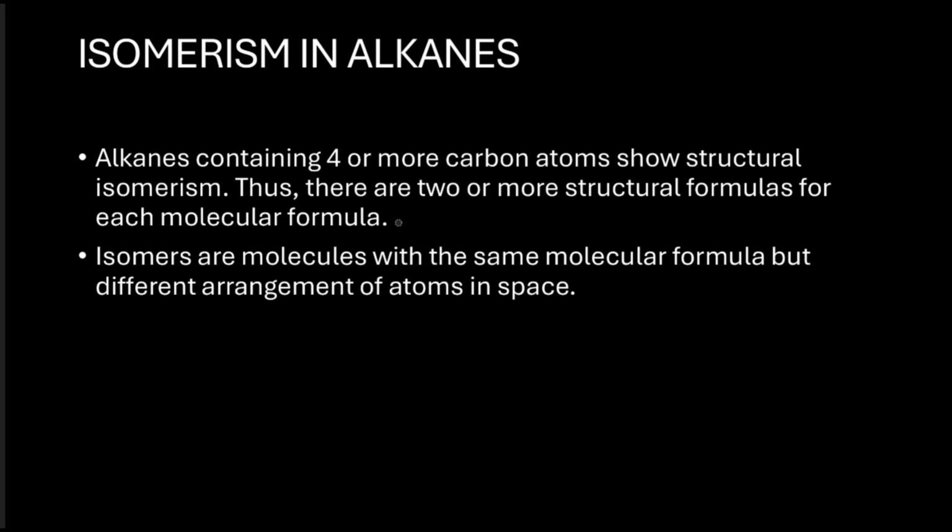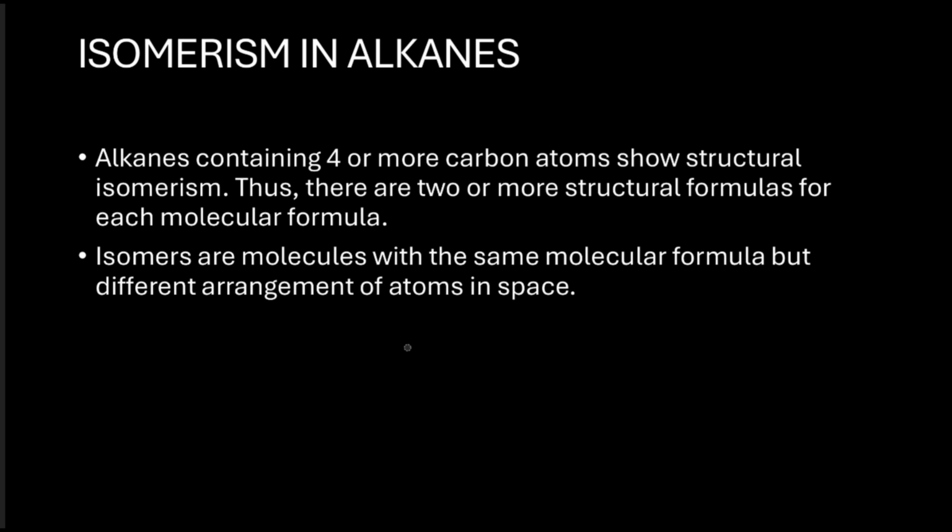So let's continue to isomerism in alkanes. Alkanes containing 4 or more carbon atoms show structural isomerism. So what do we mean by this? It means if we have an alkane containing 4 or more carbon atoms, there are 2 or more structural formulas for each molecular formula.